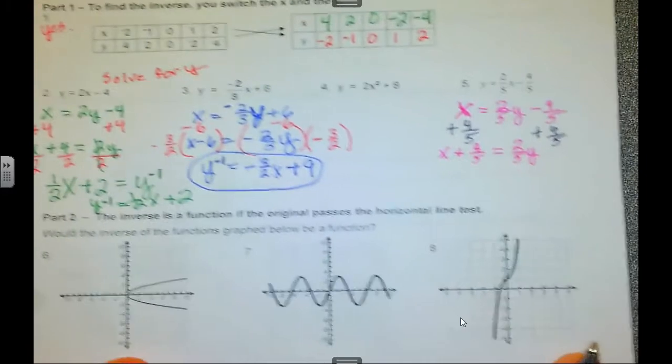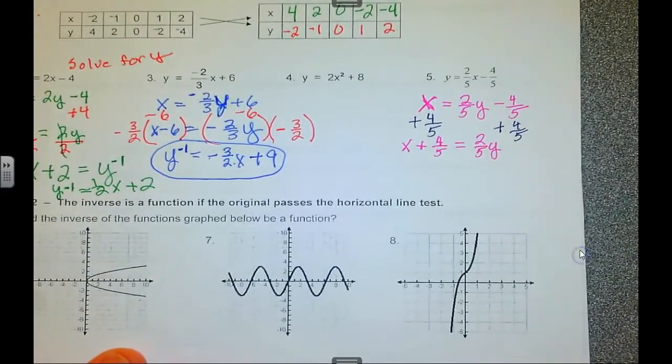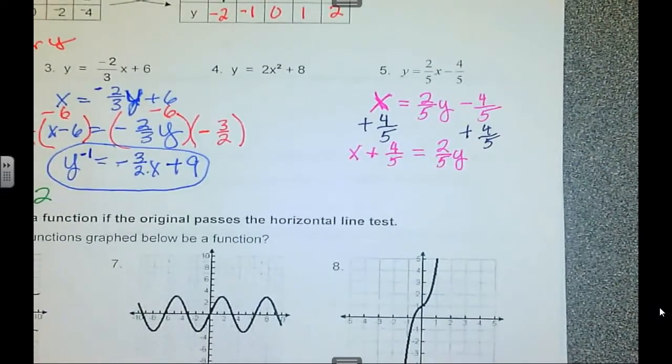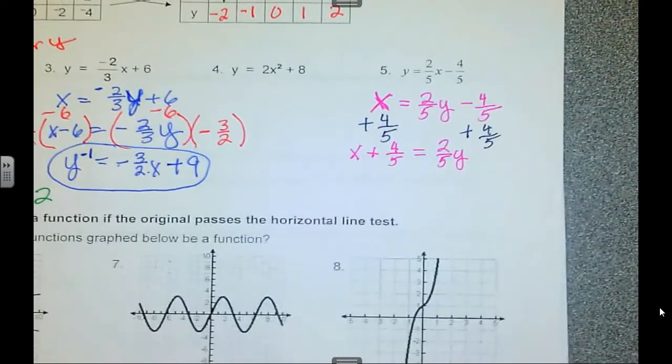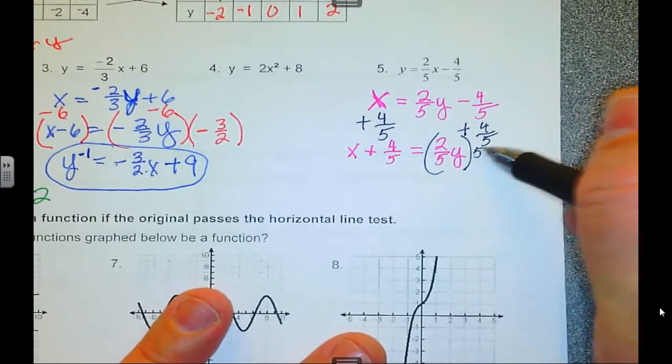Now what? Well, you can think of it as dividing by 2/5, which is the same thing as multiplying by 5/2. So multiply both sides by 5/2.